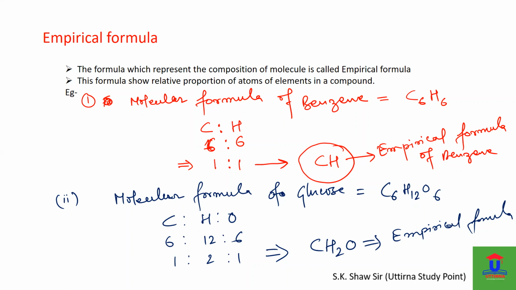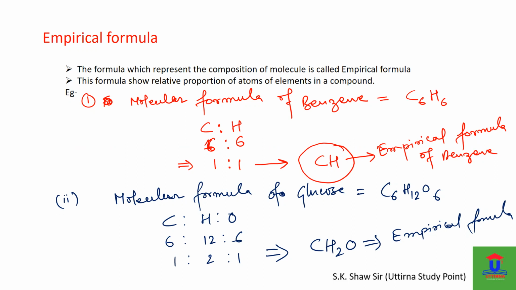Okay. So remember, in any experiments we calculate somehow the percentage of elements present in a compound. There are some methods. By knowing the percentage of elements present in a compound, if we take the simple whole number ratio, we get a formula which is called empirical formula.